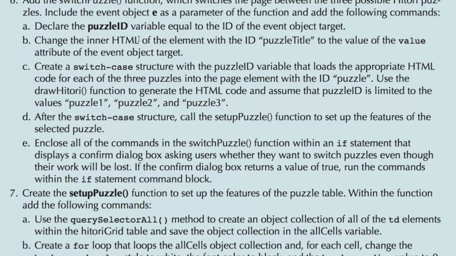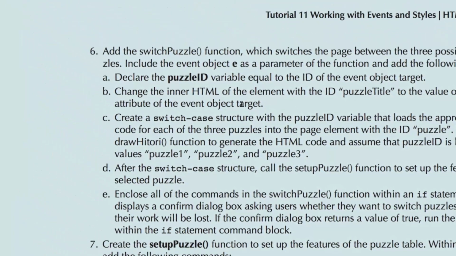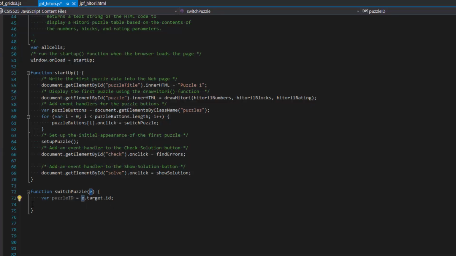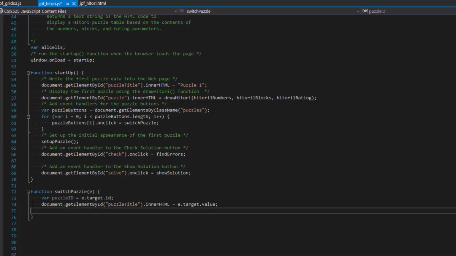6B, we want to change the inner HTML of the element with the ID puzzle title to be the value of the value attribute of that event object. So 2 things that we need to do here. First, we've got to target the HTML element that we want to modify the inner HTML on. So we do a document.getElementById puzzle title.